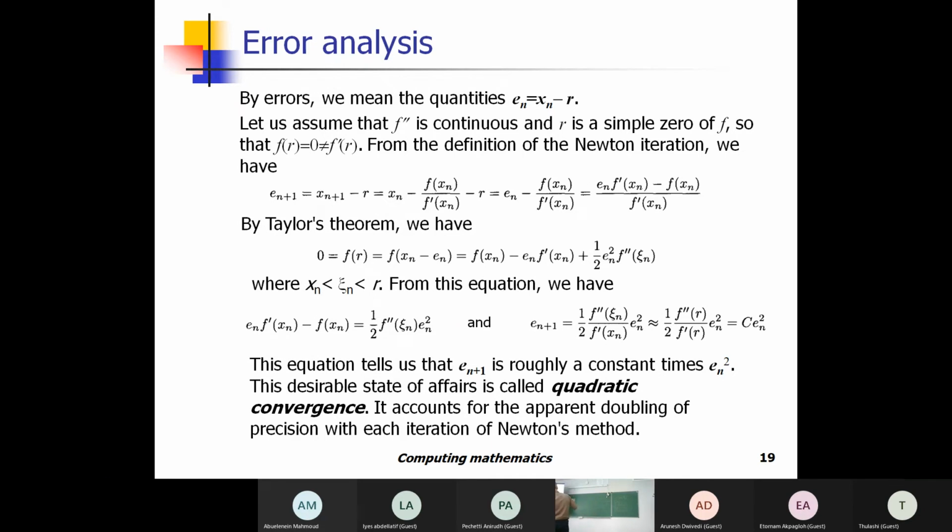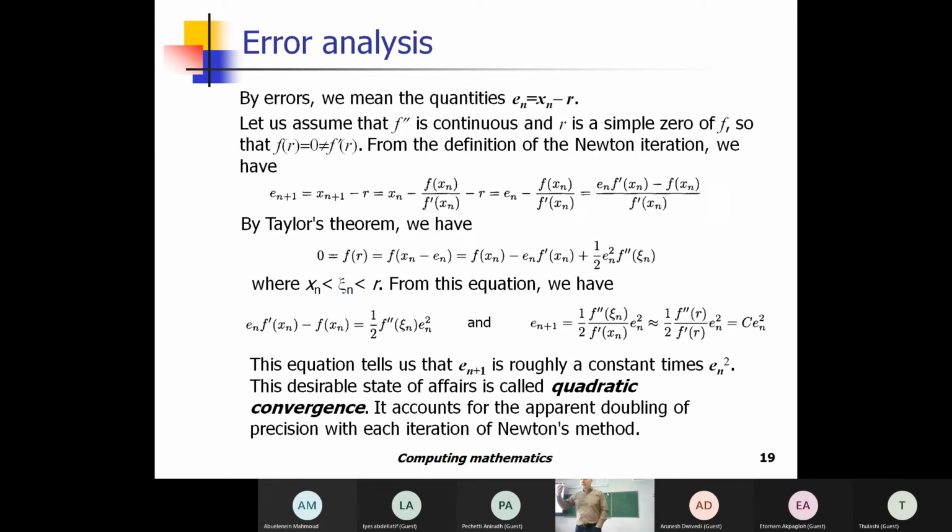This is a very good result, and it's very simple to explain. Suppose that this constant equals 1, for simplicity. And suppose that En, the error on step number n, equals 0.1.